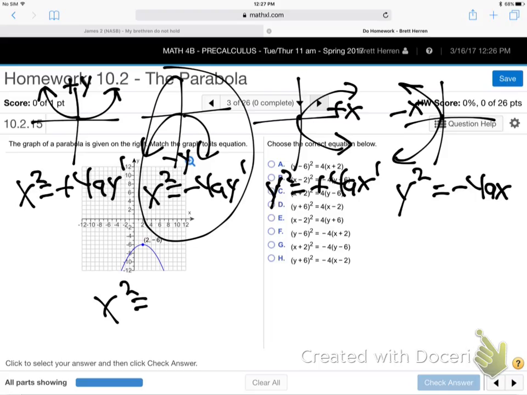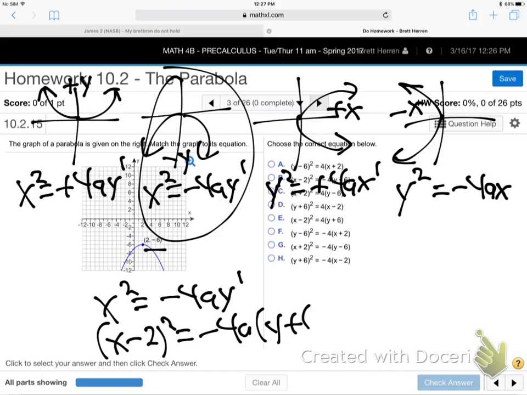So it's x squared is minus 4ay to the first. Now the center is 2 negative 6. That's opposite, opposite. So it's x minus 2 squared, y plus 6. There it is. And that's probably enough to grab the right option. It's enough for now. They're not even messing with the a. Good on that? Not making sense?